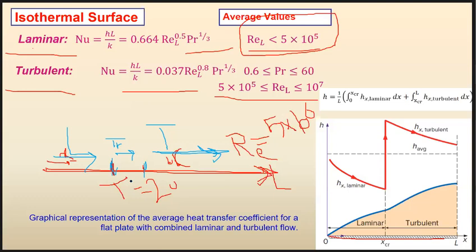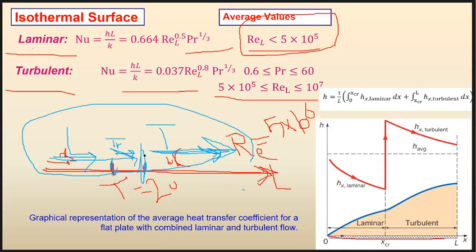So when you want to calculate the heat transfer rate over the entire length, you need to deal with 3 regimes of the fluid. Or if you want to simplify it, you have to deal with at least 2 regimes of the fluid. Let's assume the laminar to turbulent regime change happens over one point.